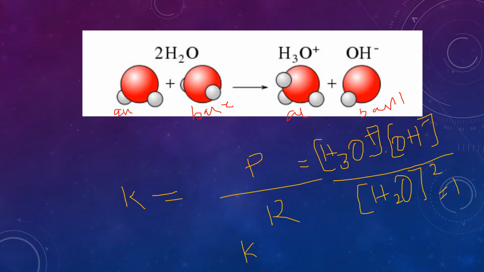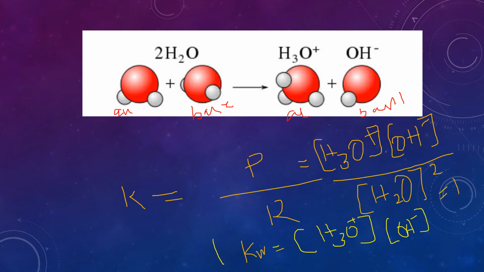Kw is simply represented as the constant for water. The dissociation constant of water is equal to, what are the remaining things, H3O plus into OH minus.